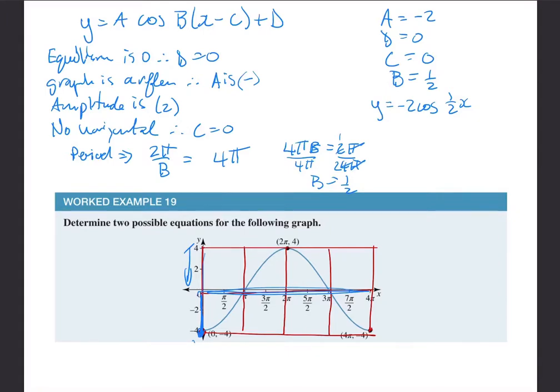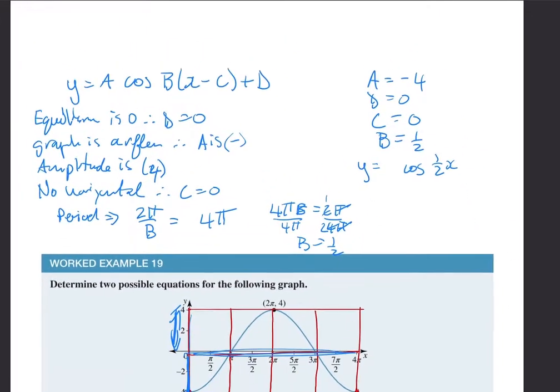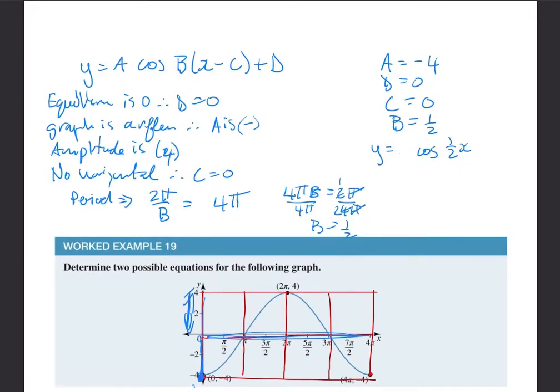That's a lie. Thank you, the amplitude is actually 4, because that is 4, not 2. So my graph should be minus A. This will be y equals minus 4 cos of a half x.